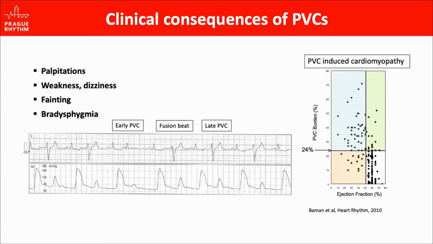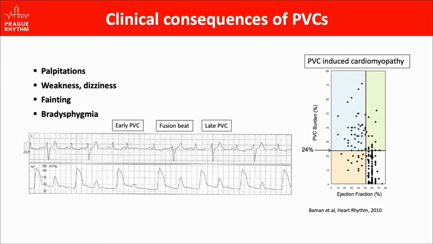Symptoms of PVCs include palpitations or skipped beats, and patients may also experience weakness, dizziness, or even fainting, especially if PVCs come in complex forms or as incessant arrhythmia.